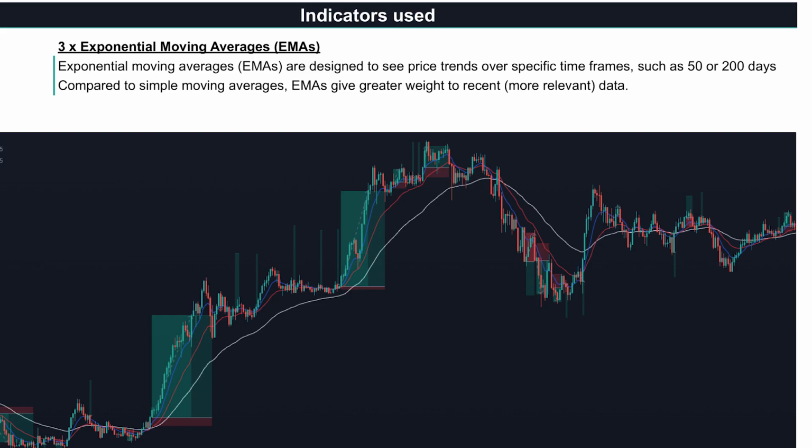So basically the EMA is designed to improve on the idea of a simple moving average by giving a bit more weight to the most recent price data, which is considered to be more relevant than obviously older data. So since the new data carries greater weight or greater importance, the EMA responds more quickly to price changes than the simple moving average does.